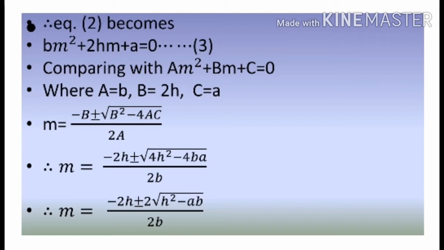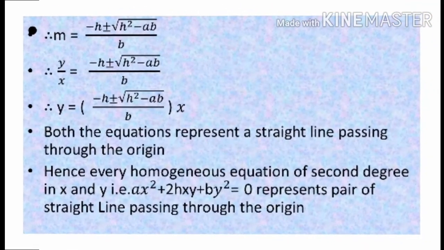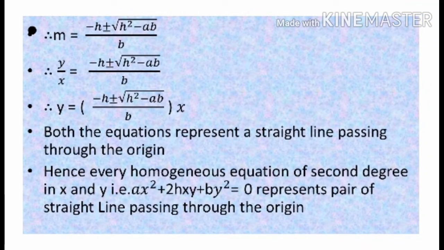Putting values of a, b, c, m = (−2h ± √(4h² − 4ab)) / 2b. Therefore, m = (−2h ± 2√(h² − ab)) / 2b. Cancelling 2 throughout, m = (−h ± √(h² − ab)) / b.